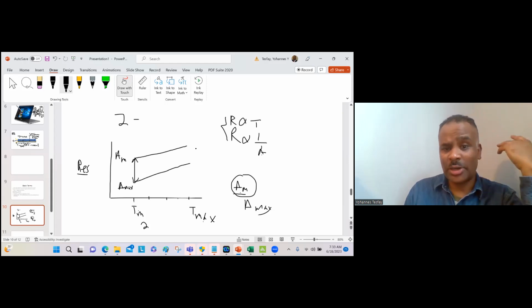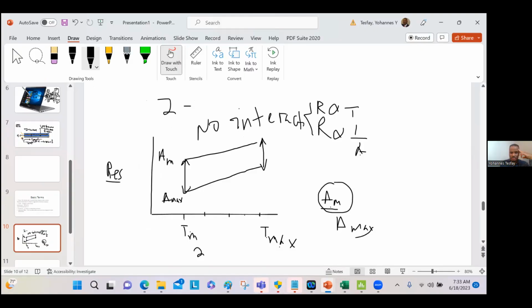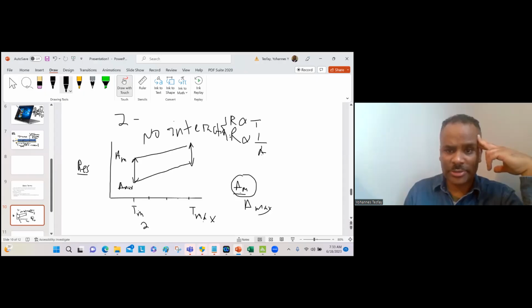So right here, as you see, this one is also constant, just like that. So in this scenario, no interaction effect.